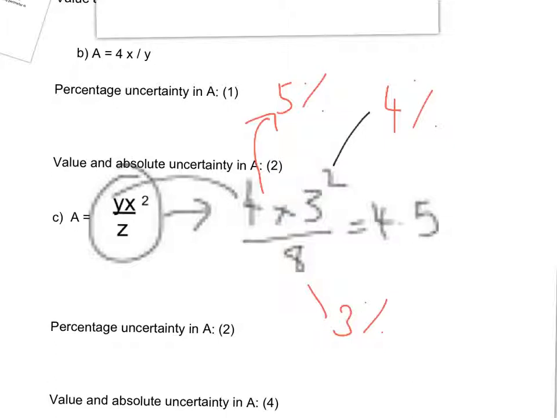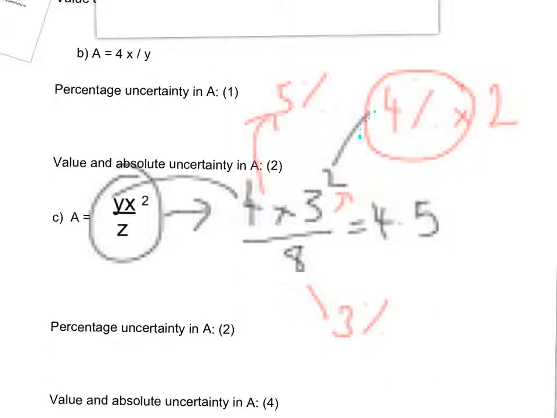But of course x is to the power of 2, so you multiply this by 2 to give you 8%, because when you square a value, the percentage uncertainties are added, or you multiply it by the number of the power. So in total, we have 5 plus 8 plus 3, which will give you 16%.